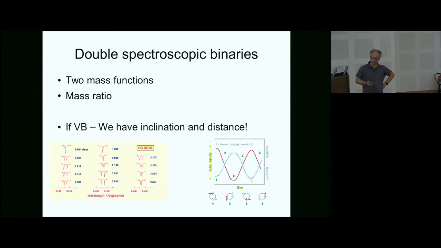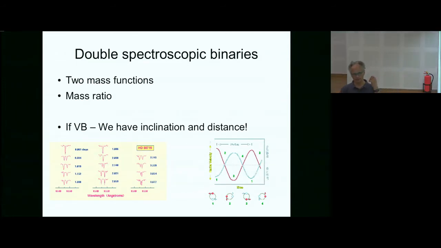So if it's a visual binary, then we also have the inclination and the distance, and the system is completely solved, because when we have the inclination and the two mass functions, we can solve for two masses.